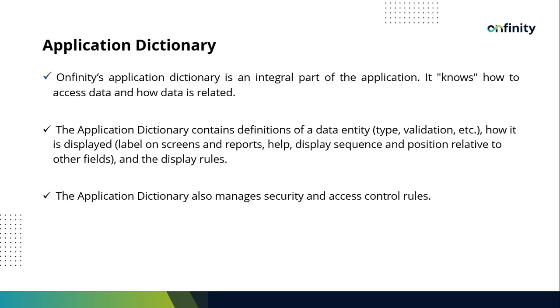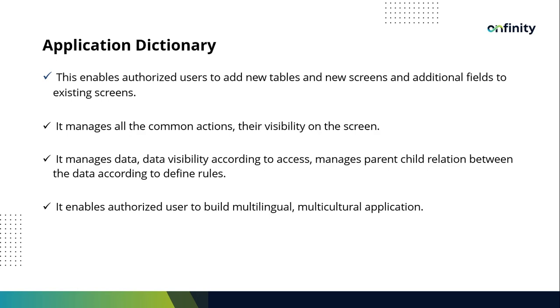The application dictionary also manages security and access control rules. As we saw in the architectural diagram, role-based security controls data based on the role and user access. This enables authorized users to add new tables, screens, and additional fields to existing screens.